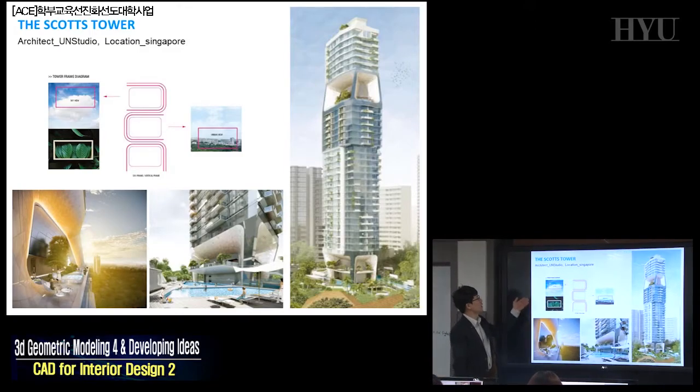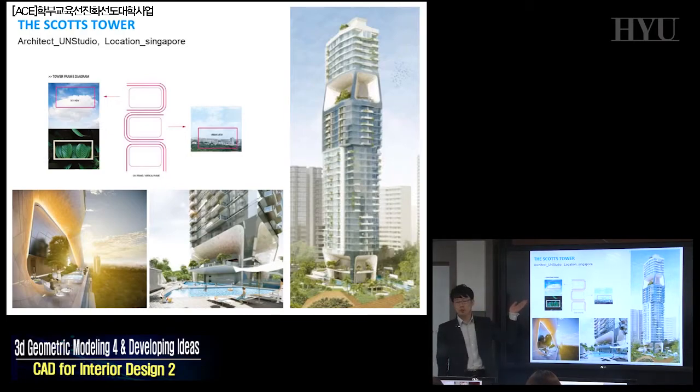This one was proposed by UN Studio, one of the rising star architects recently anyway. Their visualization concept consists of some cloud top and some leaves and some kind of urban view.